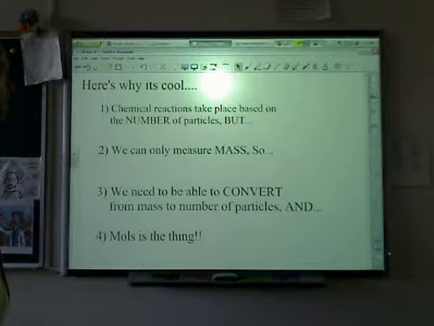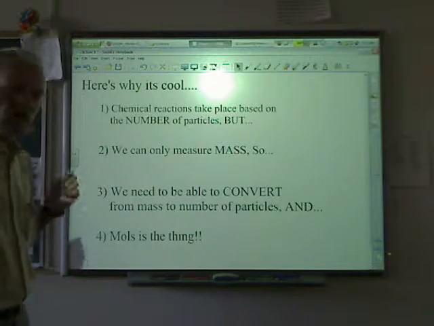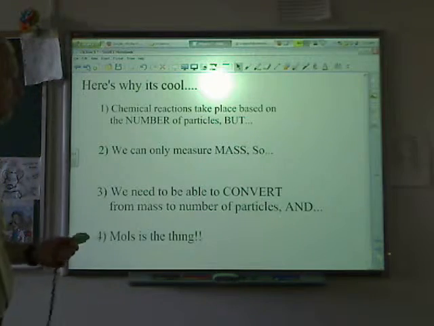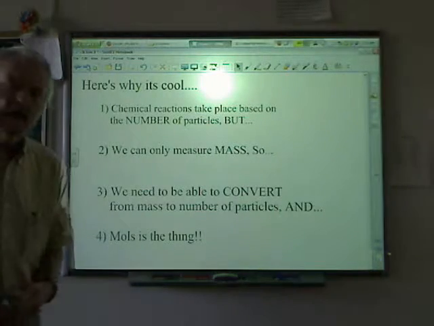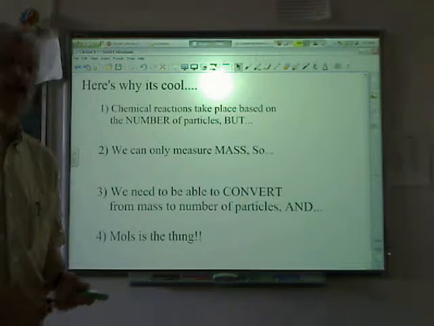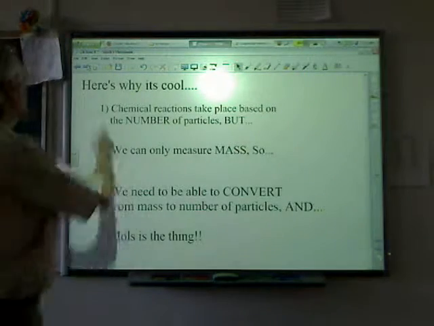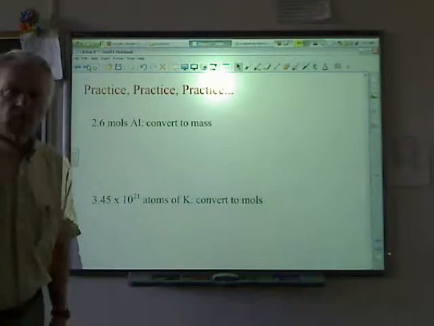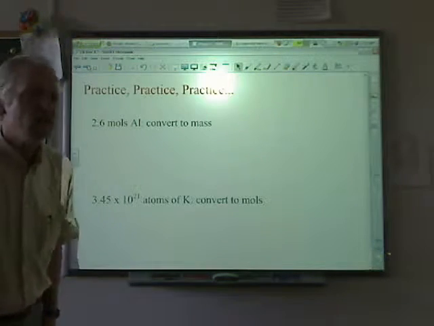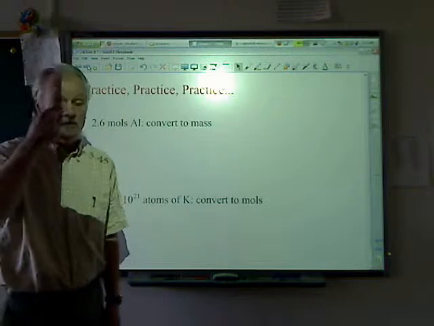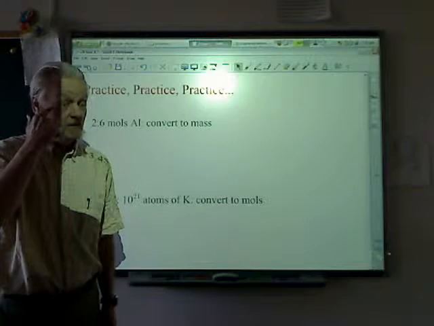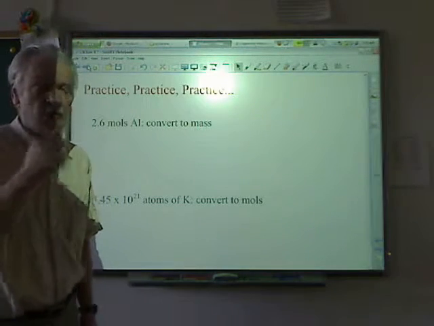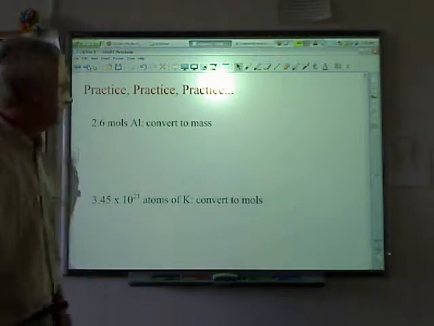Again, as I said before, chemical reactions take place on a particle-to-particle basis, but we measure mass, and so we have to convert, and moles then is the device for getting back and forth. Just do a couple of quick problems just to show you. Again, these calculations can be routinely done in your resources. Wolfram Alpha, in particular, will convert a mass into moles and probably into particles as well if we need to.